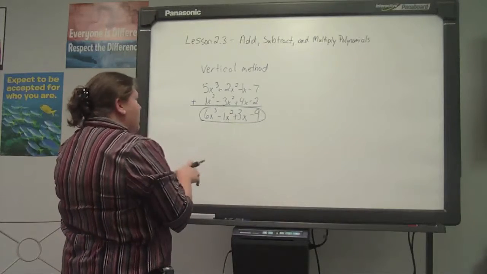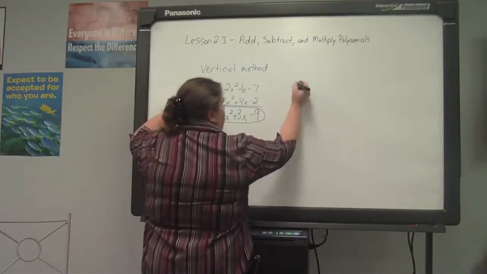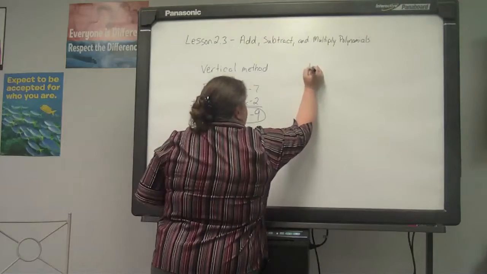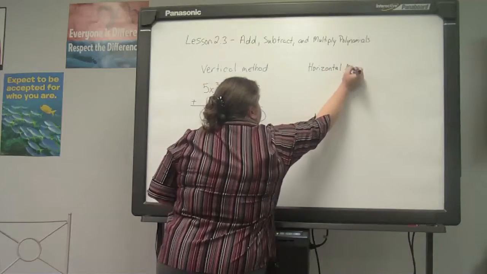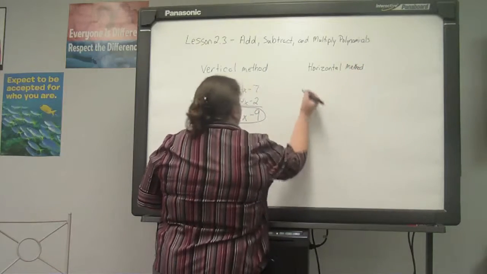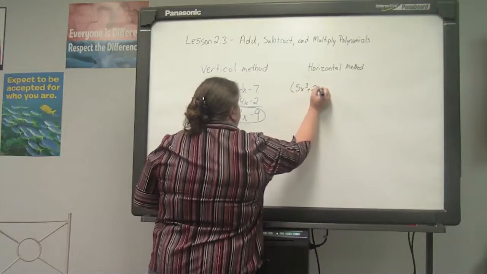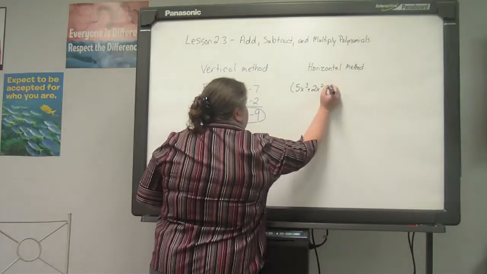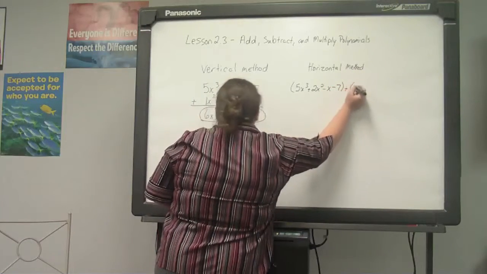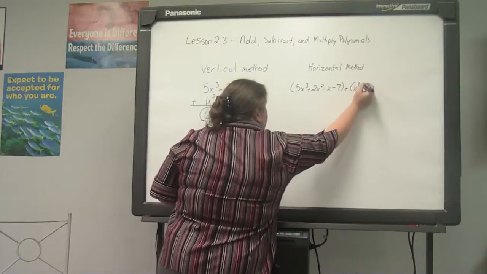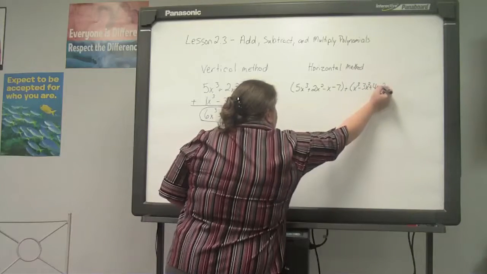All right. Now, the horizontal method, we're going to use the same problem, but I'm going to put them in parentheses. This is the horizontal. We have 5x cubed plus 2x squared minus x minus 7, then plus x cubed minus 3x squared plus 4x minus 2.